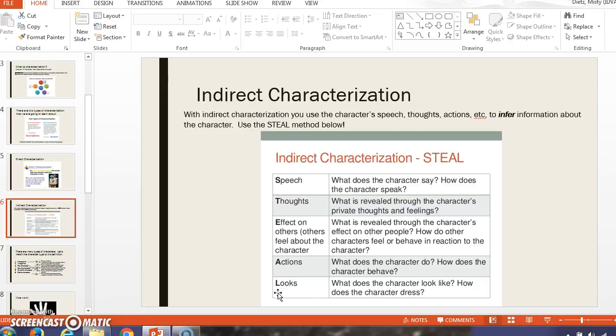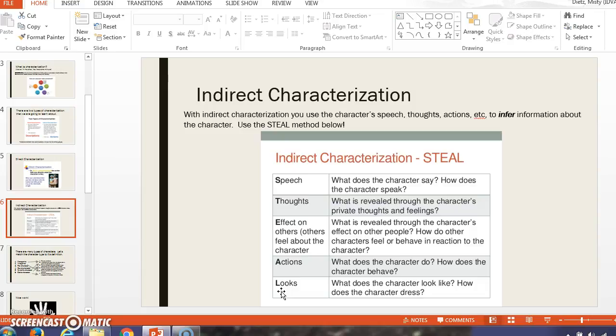And sometimes this is direct characterization because the author comes out and tells you very specific things about a character. You know, maybe they have red hair and freckles. On the other hand, if they're describing a character's clothing, maybe they're saying they walked up in a scuba diving suit and a snorkel, you can use that information to make an inference that they were out in the water or that they were snorkeling, or maybe they're a deep sea diver, although they probably have a little bit more gear on if that was the case.